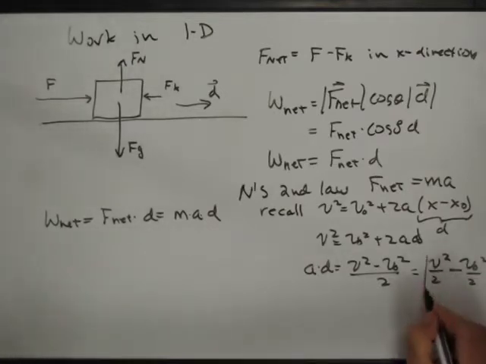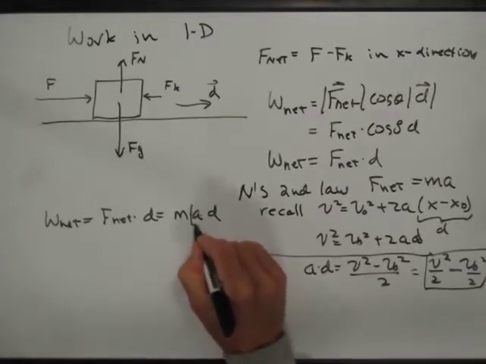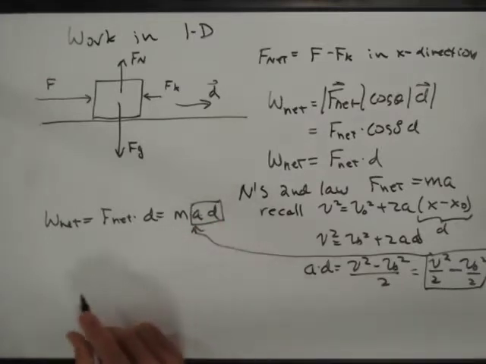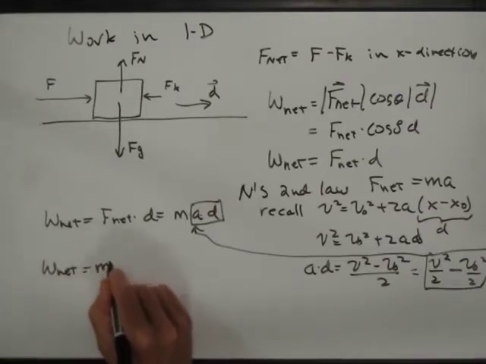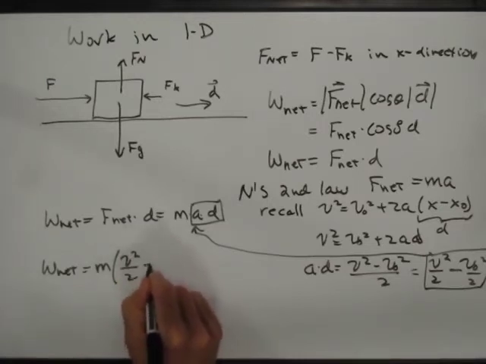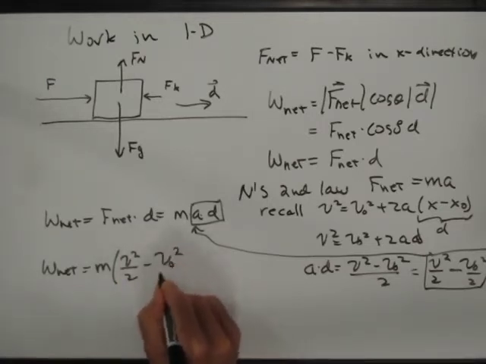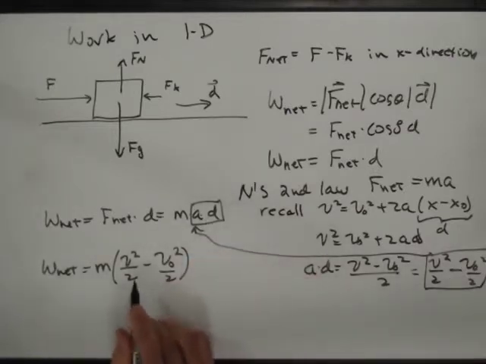And so I can take these two here and substitute them in for those two, and I get the net work is equal to the mass times v squared over 2 minus v naught squared over 2. You with me? I just substituted those in there, and that's my net work.